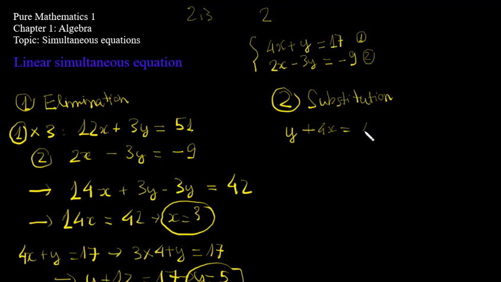So y equal to 17 minus 4x. So I will substitute this y. I change y into x terms. So I substitute in this equation. In this equation, they only involve x only, so I can solve it easily.